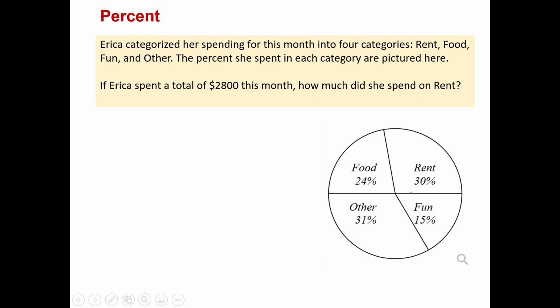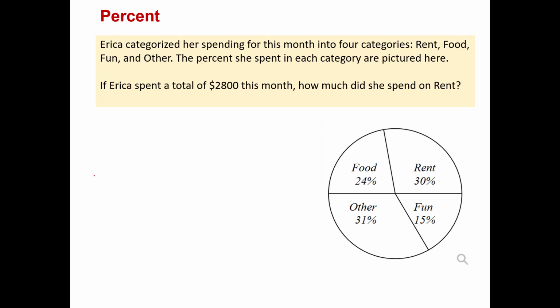As we want to know, what we want to know in this case is what number is 30% of the total, the $2,800, the total amount she spent in 1 month. Yes? And what number is 30% of 2,800? And maybe we can write that here to solve the problem.